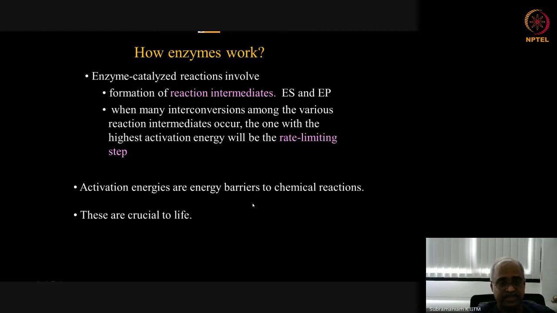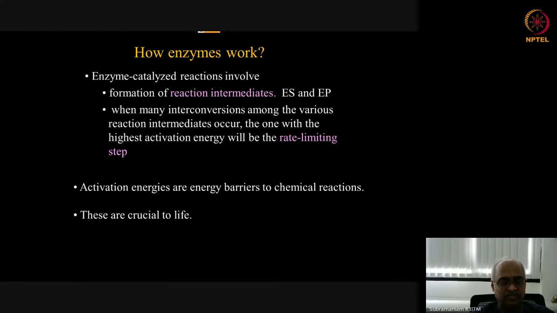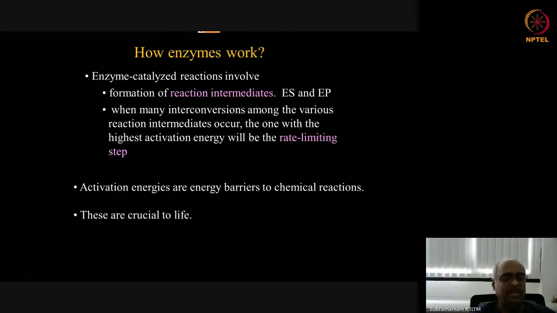So activation energies are energy barriers for chemical reactions because they act as the overhead tank wall. They are the barrier that holds the water on top of your building. Without that, the water will freely fall down to the ground and you will not be able to have water coming in your bathroom tap.